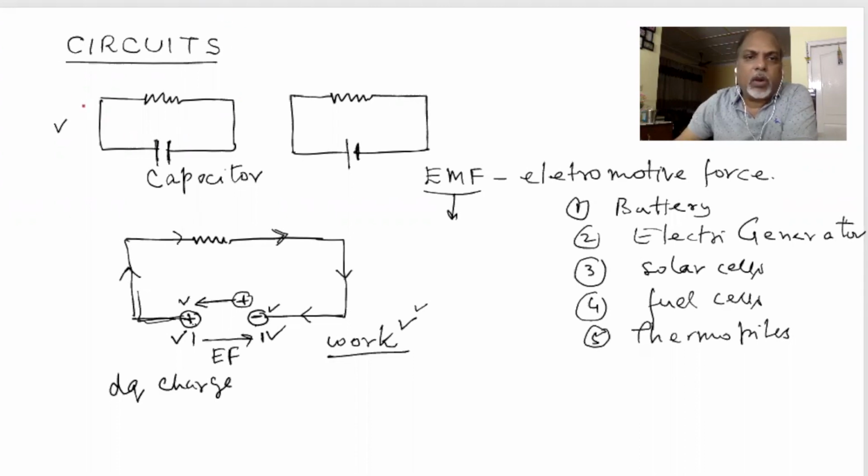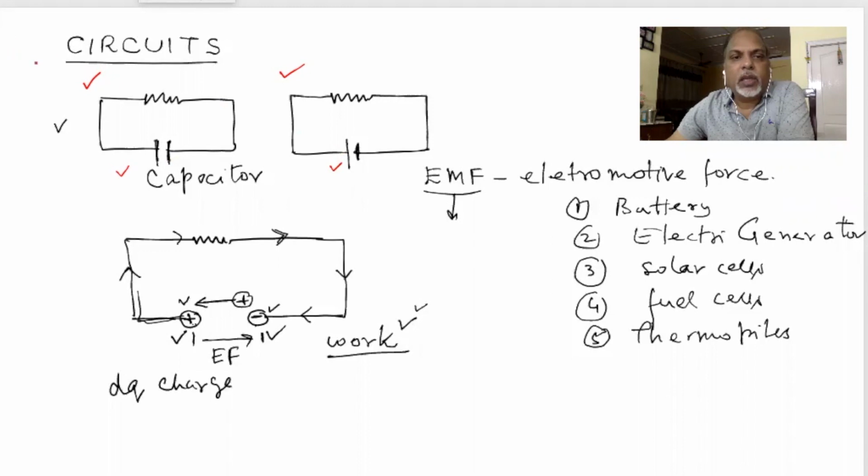And as you have seen on the screen, these two circuits: in one a capacitor is attached, and in the other a battery is attached. Basically, what is a circuit? A circuit is nothing but a path where the positive charge carriers can move in a continuous manner. And how can we achieve that?